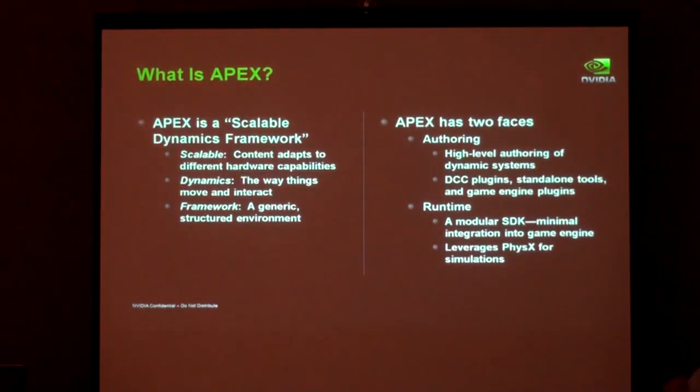So basically artists are provided with these knobs or tuning parameters so that you can create more high-end content depending on how powerful the platform is. And we'll see some examples of that.